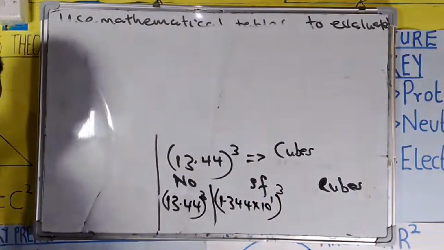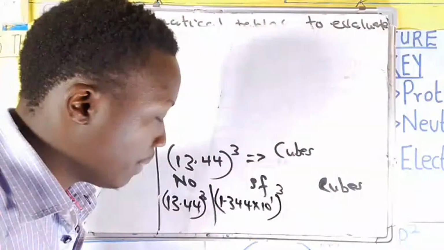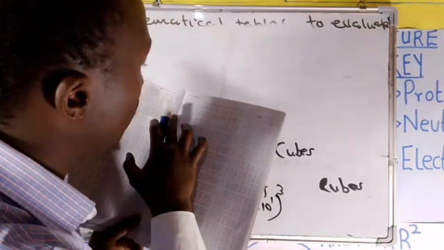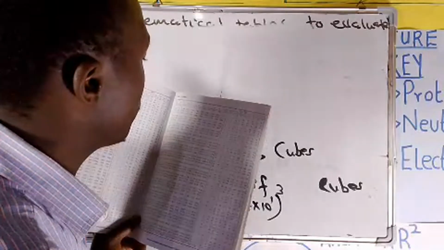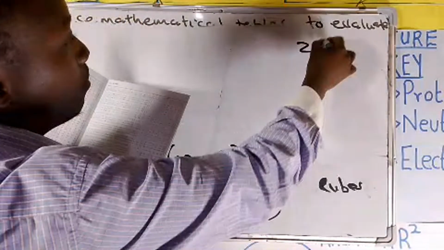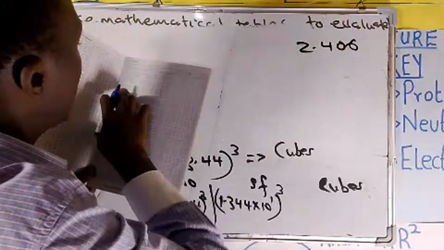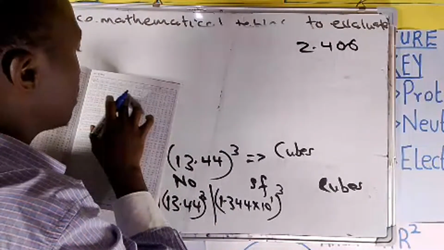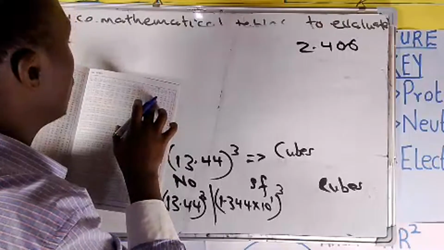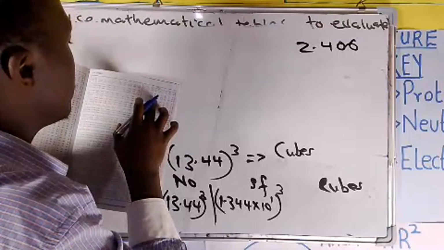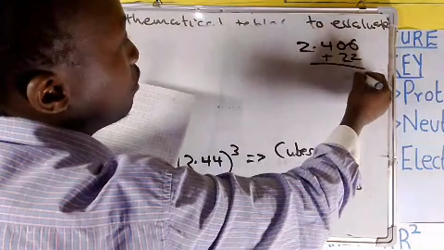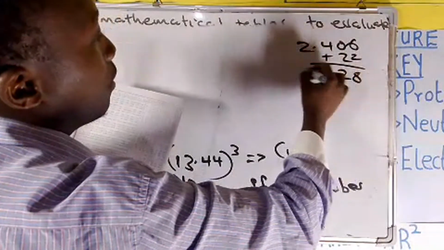So after we cube, we check 1.34, which is 2.406. Then the last 4 will be plus 22. We add 22 and we get 2.428.